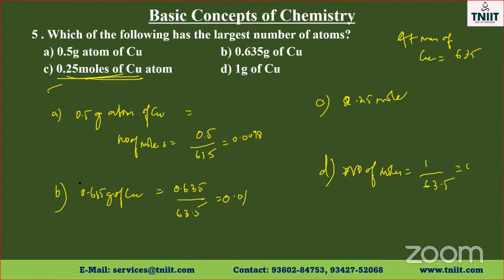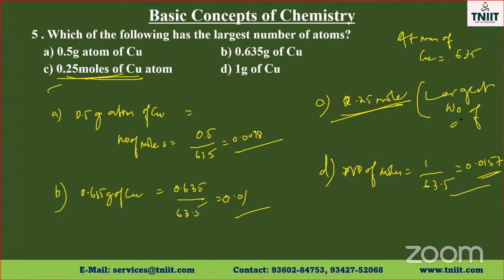That means 0.25 is greater compared to all the others. Therefore, the largest number of atoms will be for 0.25 moles. Hence, the answer is option C.